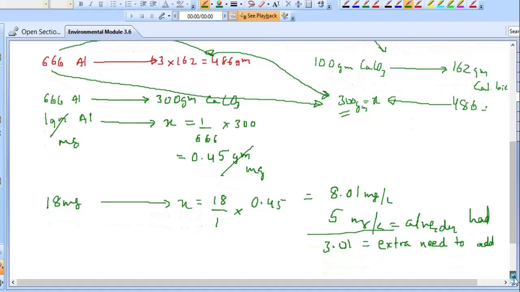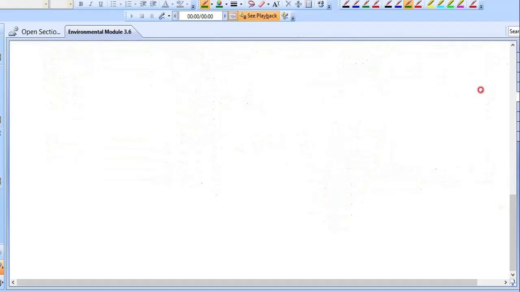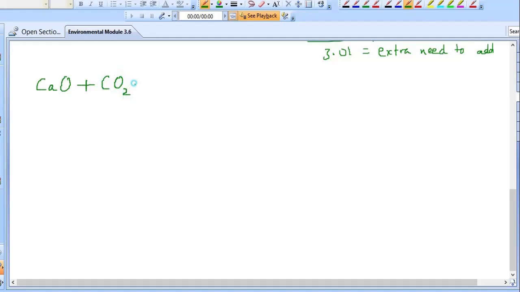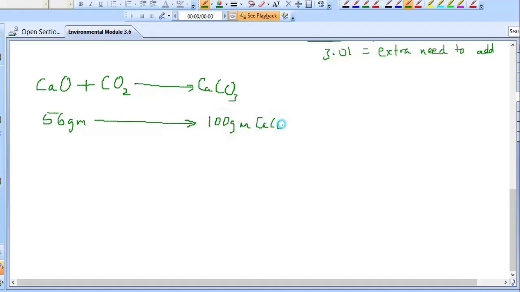Now, 3.1 mg we need to add extra. But how to add? Directly we cannot add CaCO3 because we have CaO. This CaO we will mix with the CO2, then we will produce CaCO3. Means every 56 gram of CaO will give you 100 gram of CaCO3.